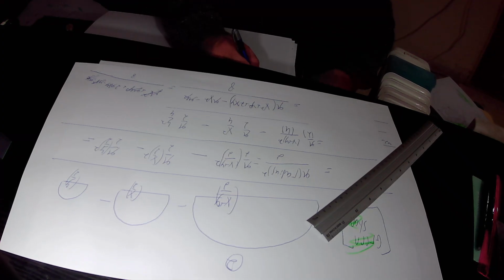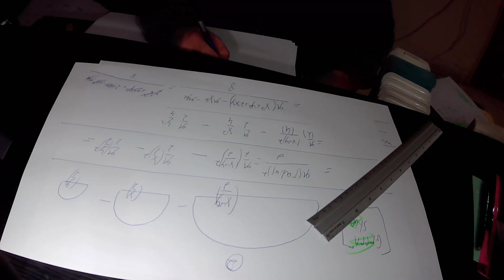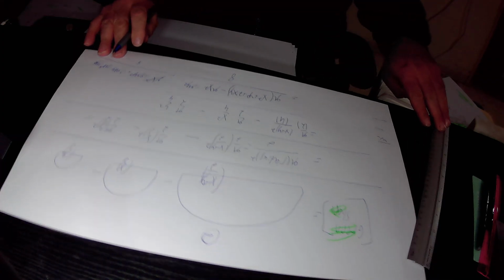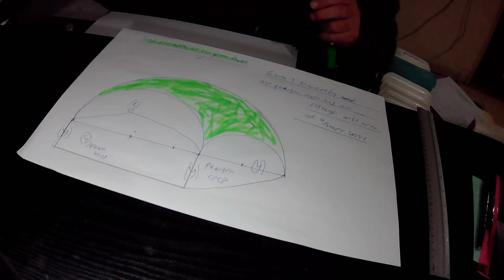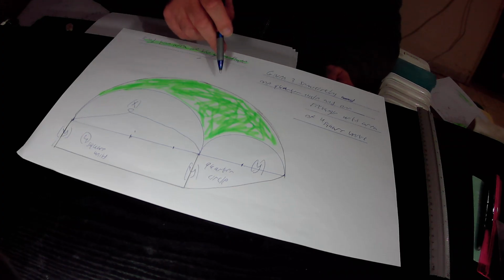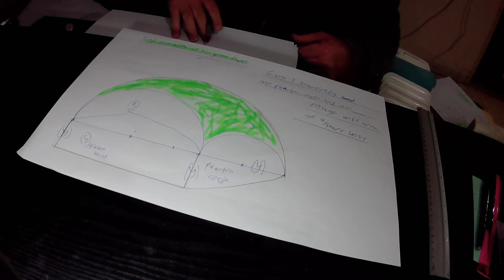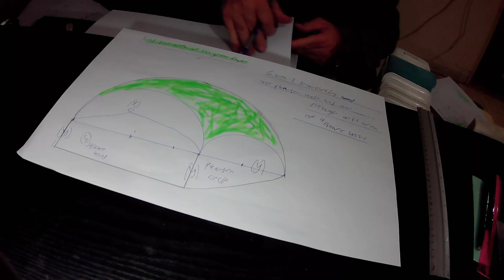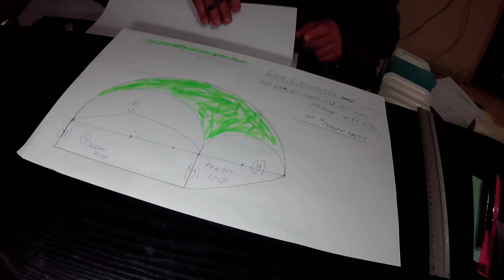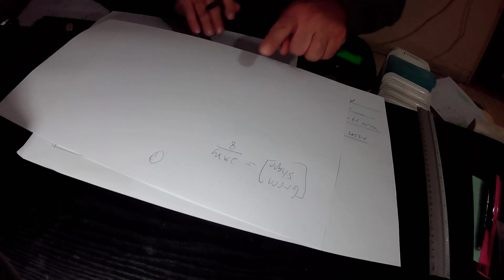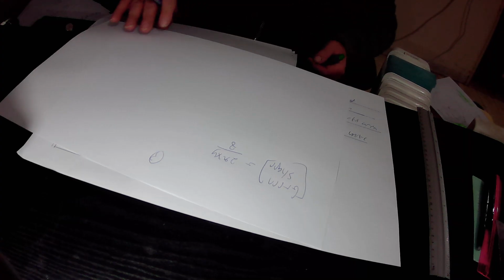So the area of the green shape in total is equal to 2 pi xy over 8.